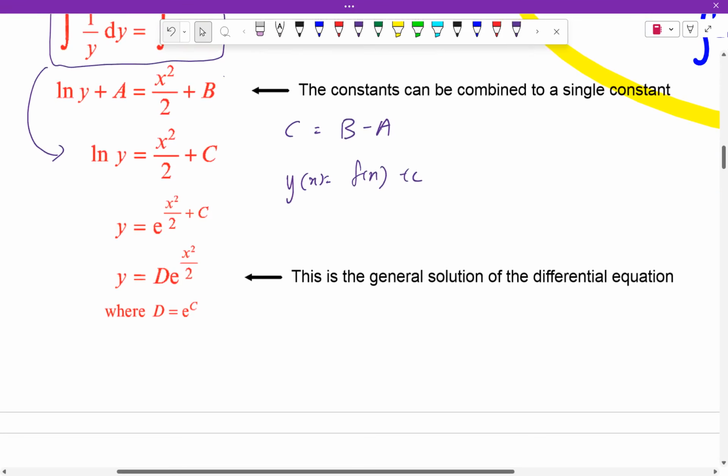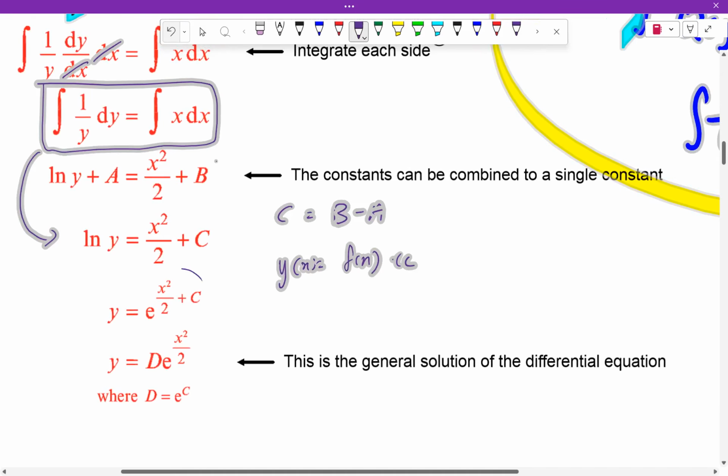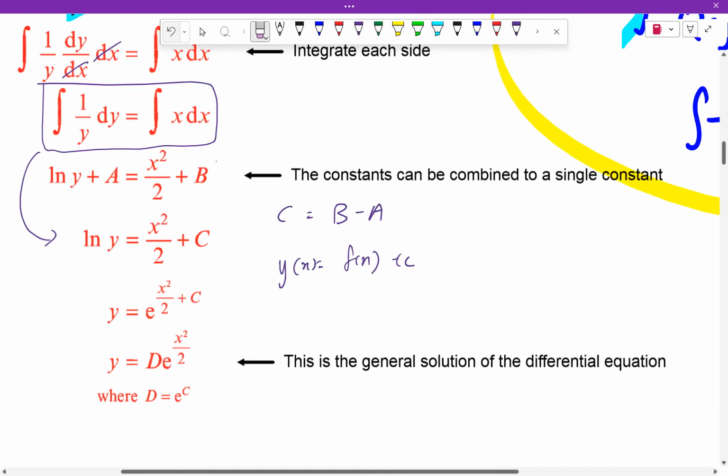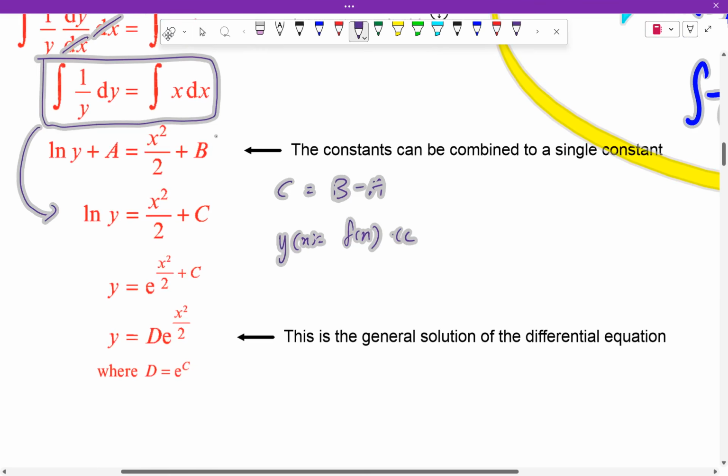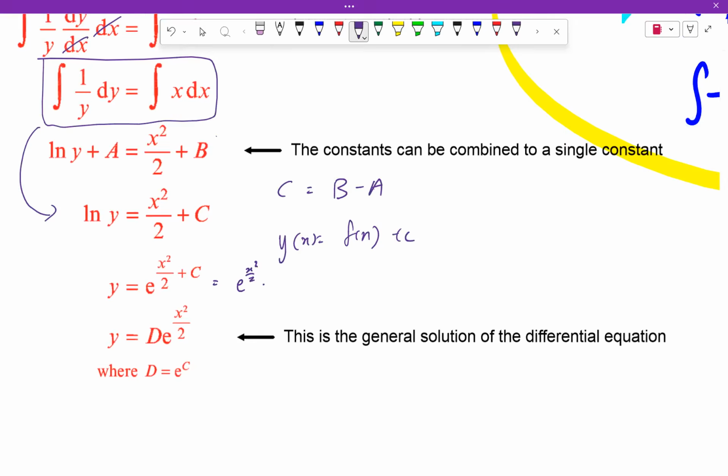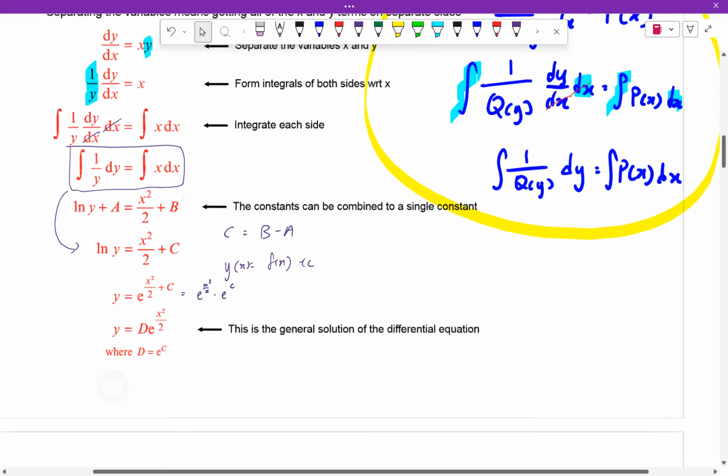You can even just leave it like that. That's even the general solution. But in here, what they have demonstrated is that this is equals to x squared over 2 times e to the power of c, where they replace e to the power of c as d. So this is the general solution.